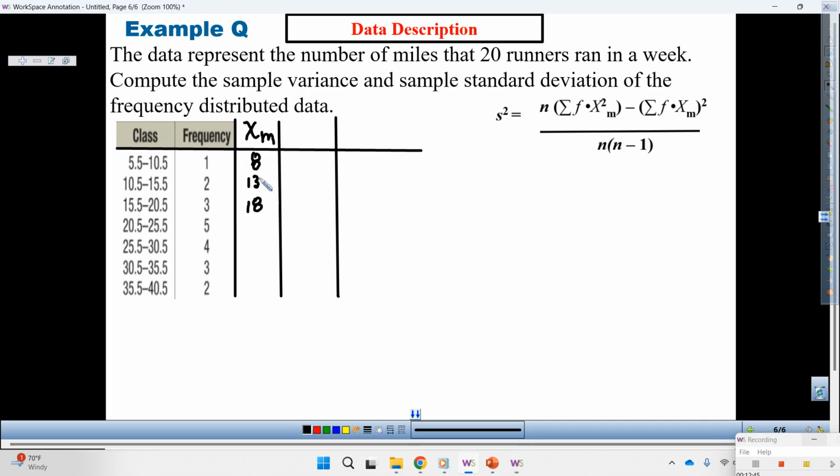And what do you guys notice the width is up to write those 3? What is the width? 5. That means the next one is 23, Michael Jordan. And then 28. Then 33. And then 38.